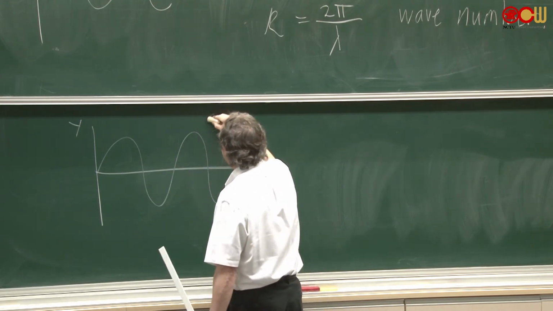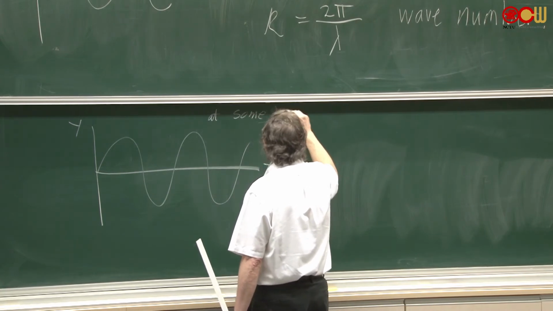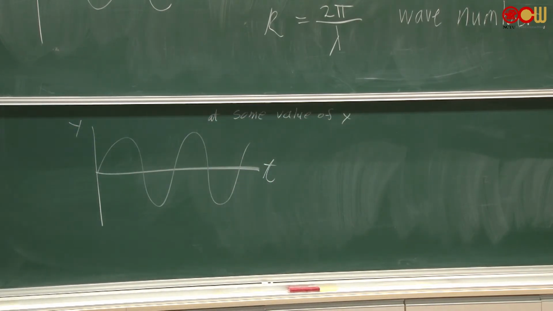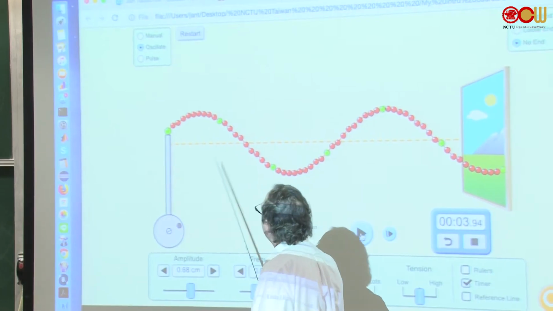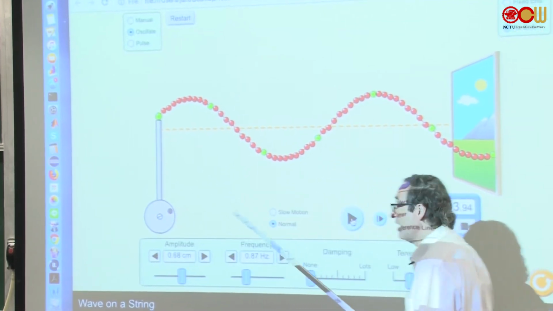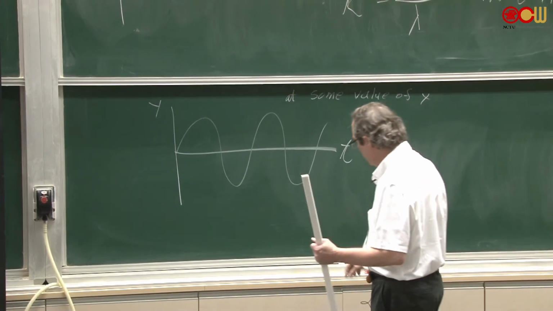So this is at some value of x. Like I can look at this value right here, and I could watch this green dot going up and down, up and down. It'll be a sine wave, and that sine wave will look like this. All right?